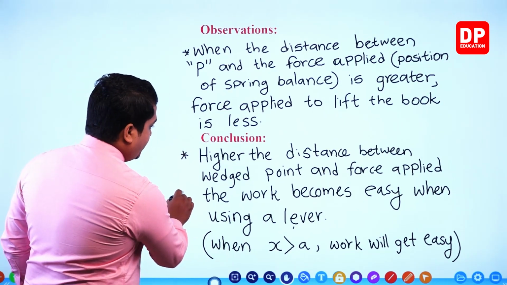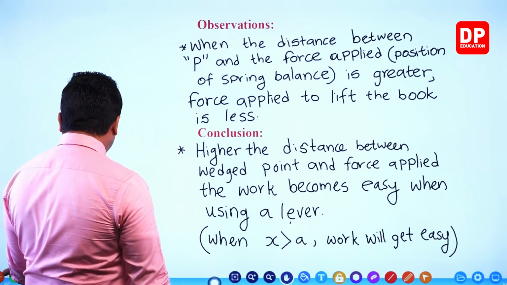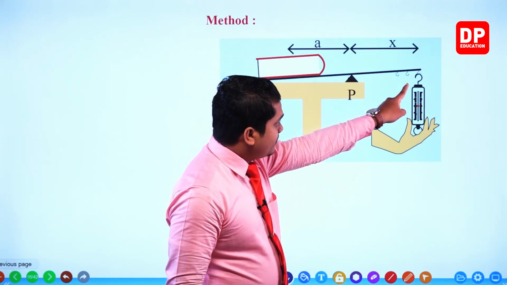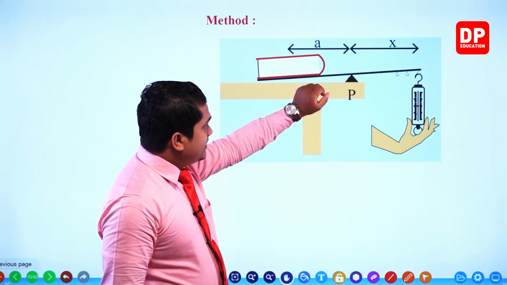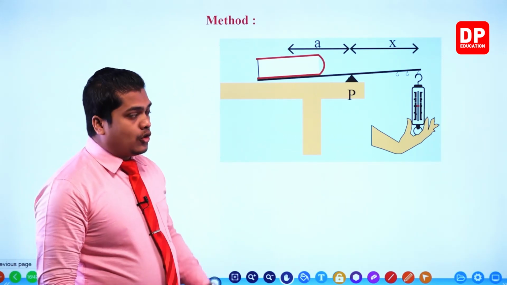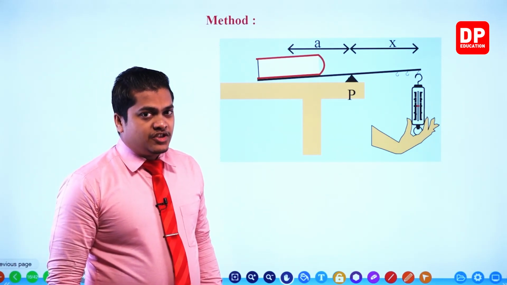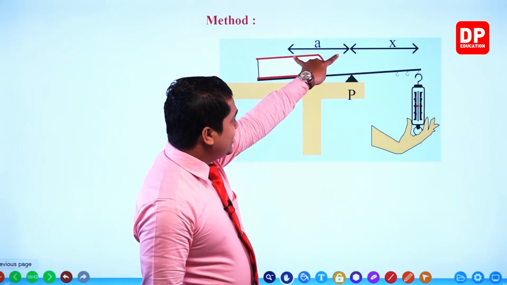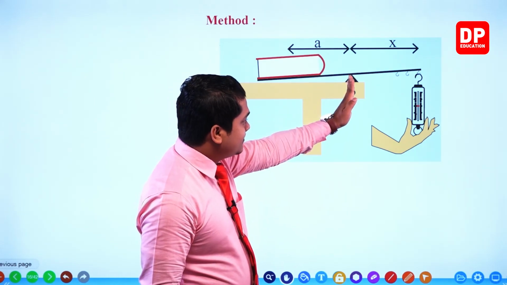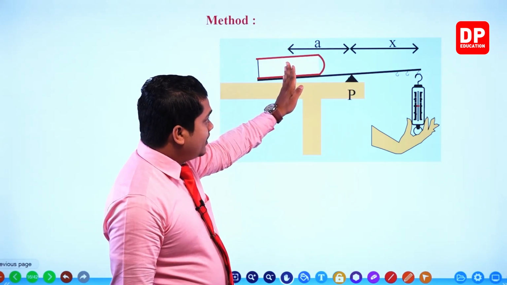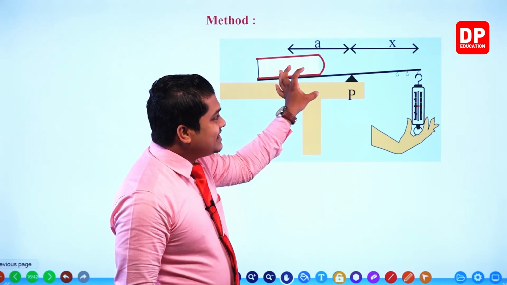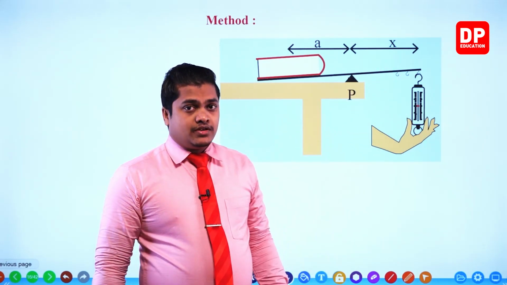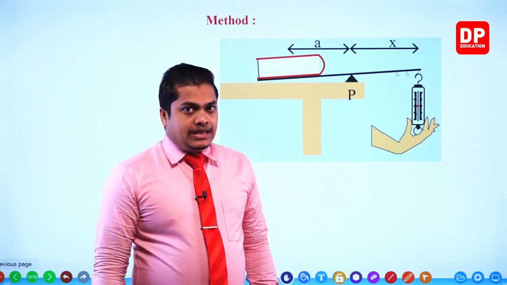Let me take you to the previous slide once more to show the a and x. See, this is x, distance between wedged point and the force applied. This is a, distance between wedged point and the load, or else the book, right? The mass that we need to lift off. So when the distance from the wedged point to the load is lesser than the distance between force applied and the wedged point, we can do this work quite easily.